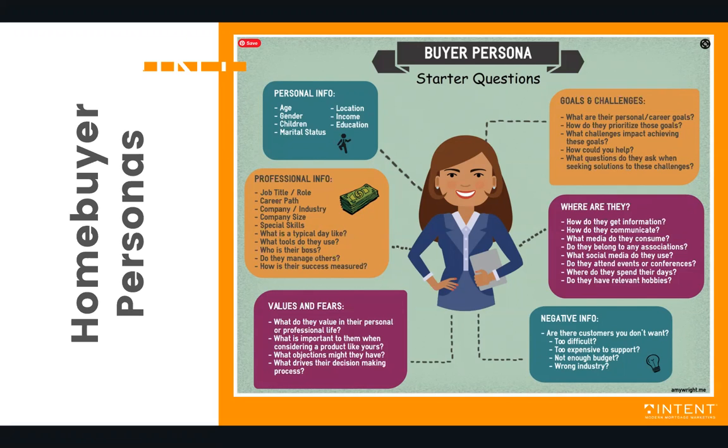And then last but not least, is there negative info? There's not enough of this, in my personal opinion, when it comes to your database marketing and lending. It's one thing to say, I don't ever want to work with that realtor again, and try not to. It's another thing to really tell yourself why this wasn't a good fit for you.